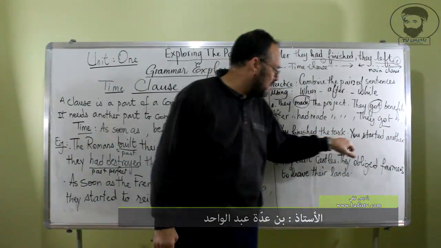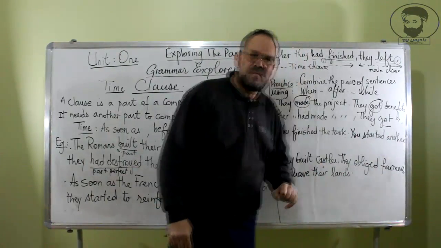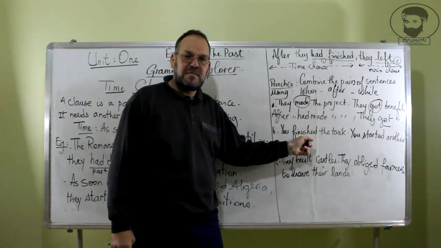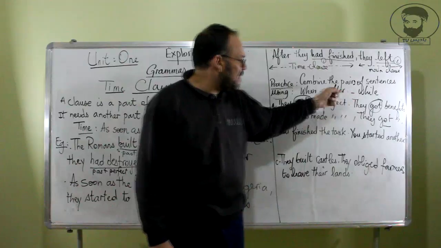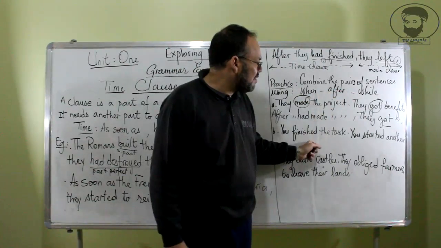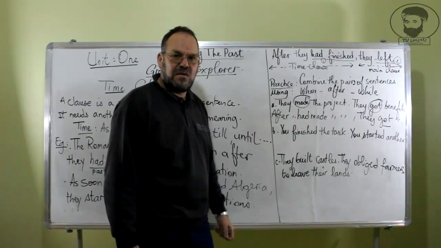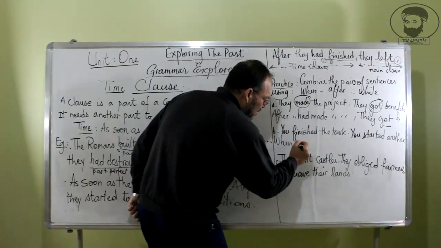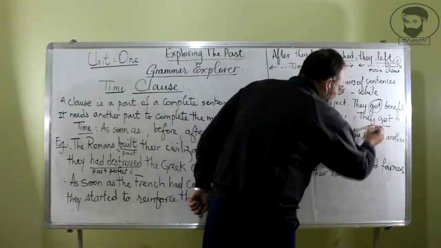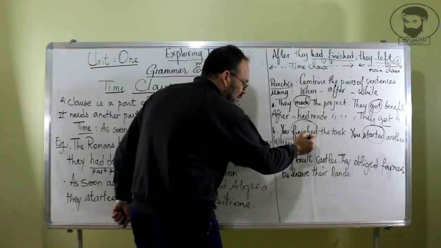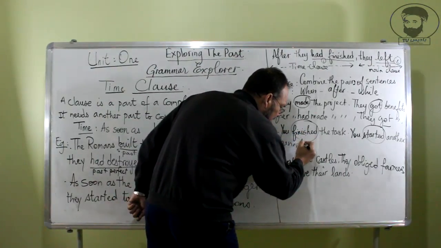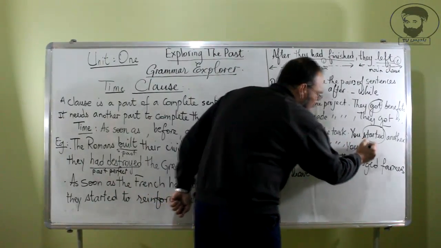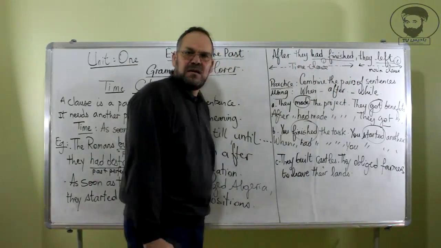Now let's go. You finished the task and you started another one. Which is first? You finish and you start, or you start before you finish? And which one do you think matches? When you finish or while you finish? It's normally when. So when you had finished the task, you started a new one, another one.